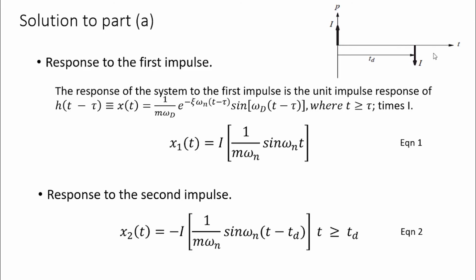So that is to locate this position. And the second response is valid only when t is greater than td. If t is less than td, this force is not acting. So the effect of this will come only when t is greater than td.